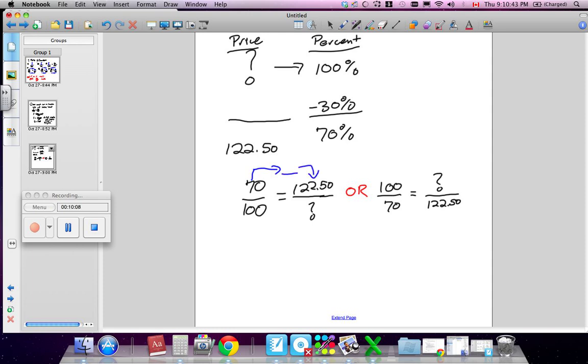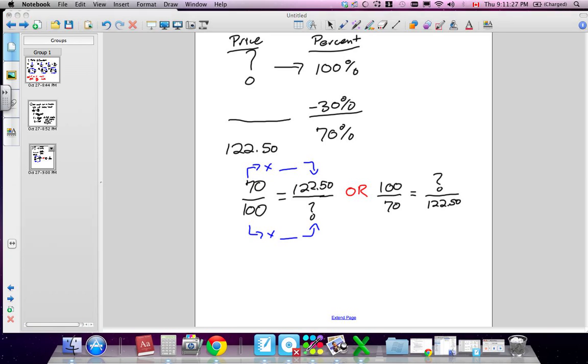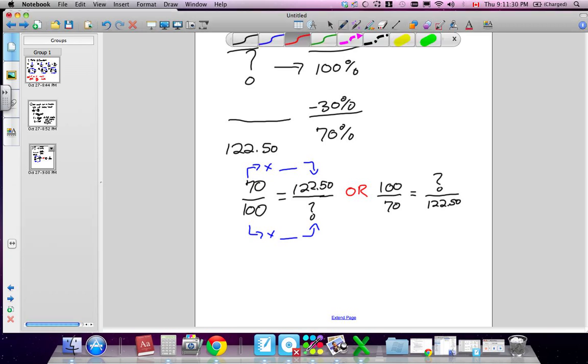Now, will we be dividing if I go from 70 to 122? No. We're getting bigger, so we're going to be multiplying by some number. To figure out what to multiply by, you did 122.50 divided by 70, and what number did you get? 1.75.